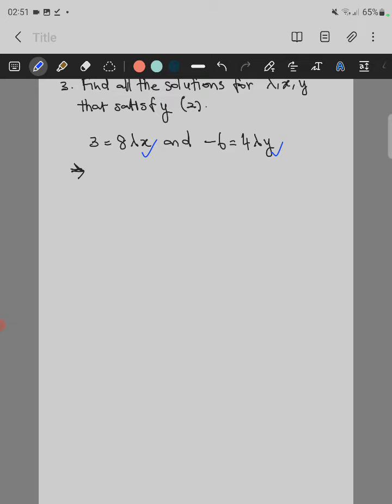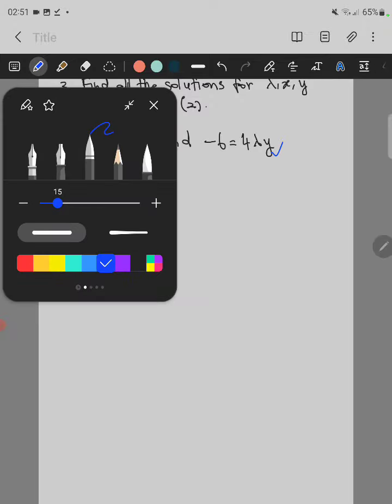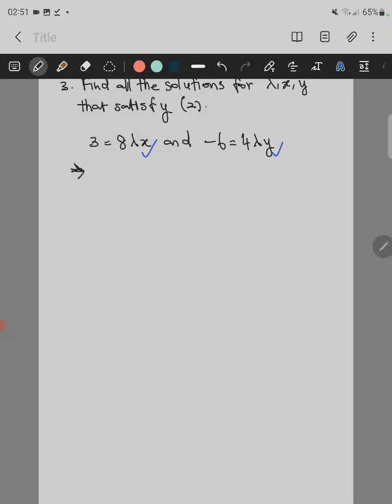From here I can write that x is equal to 3 over 8 lambda, and y is equal to minus 6 over 4 lambda.